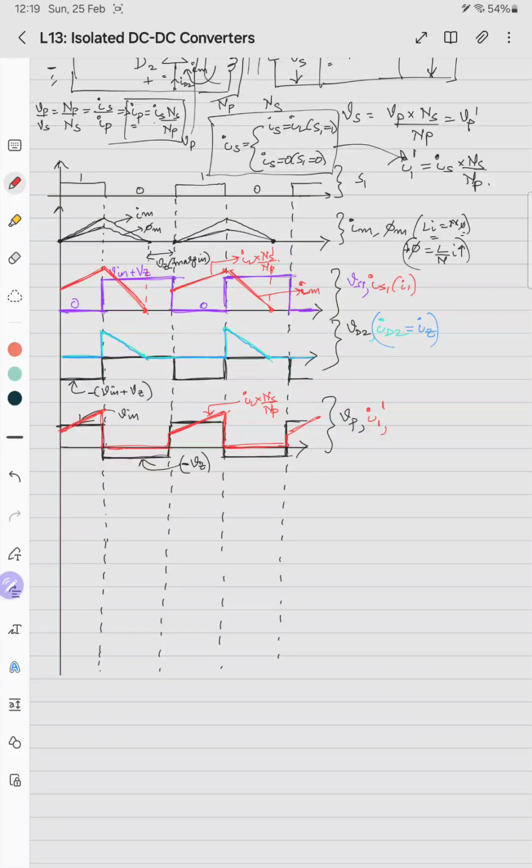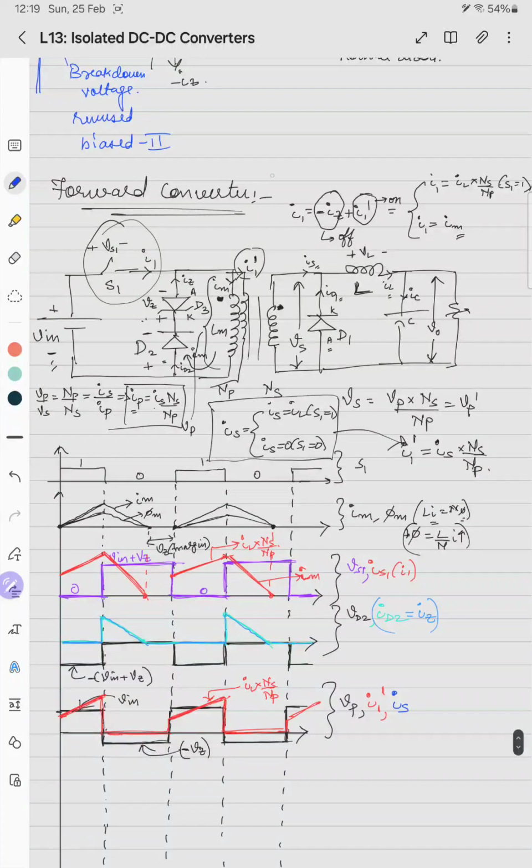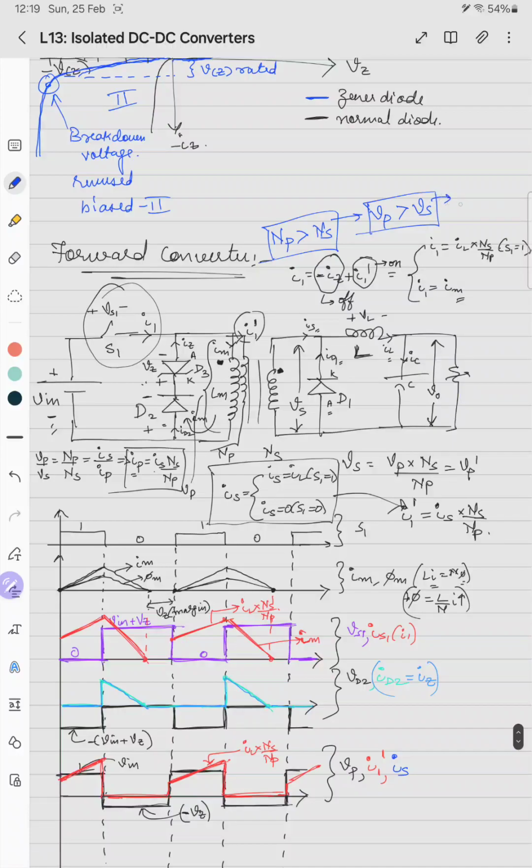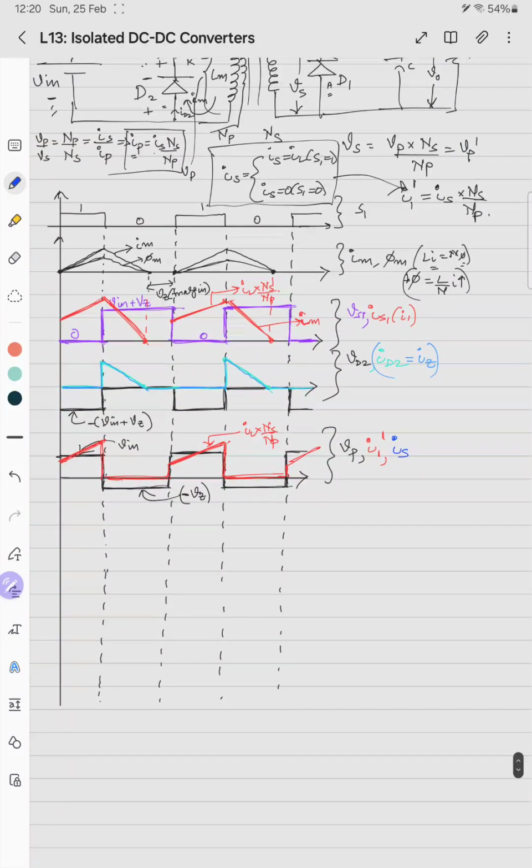Then if we draw IS, what is IS? Say that NP is greater than NS. Primary turns are greater than secondary turns. So logically, VP is greater than VS, and thus IS is greater than IP. The secondary current is greater than the primary current, so it will be like this.